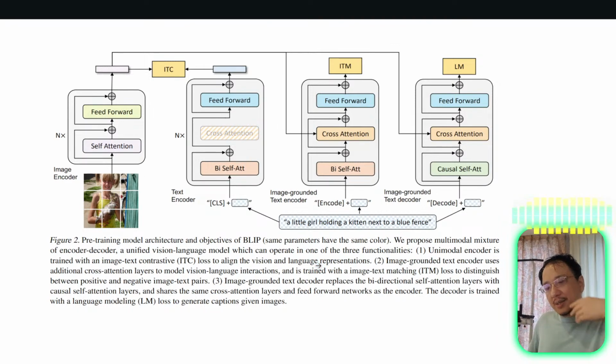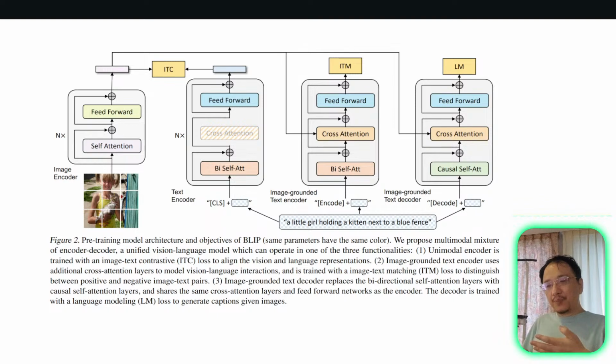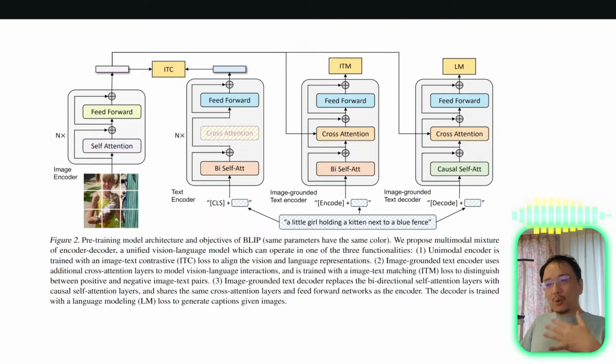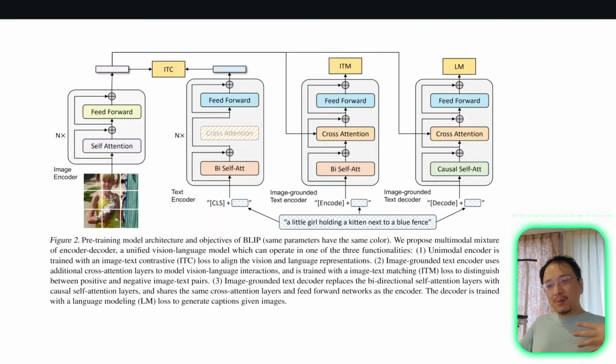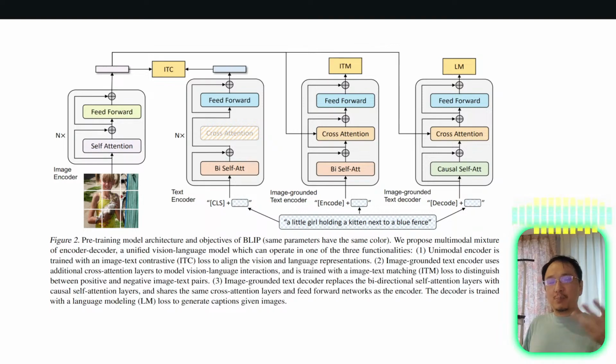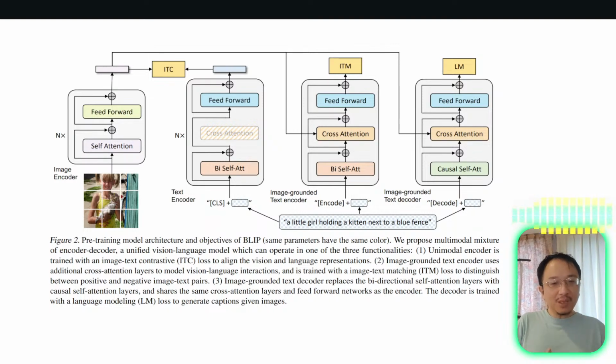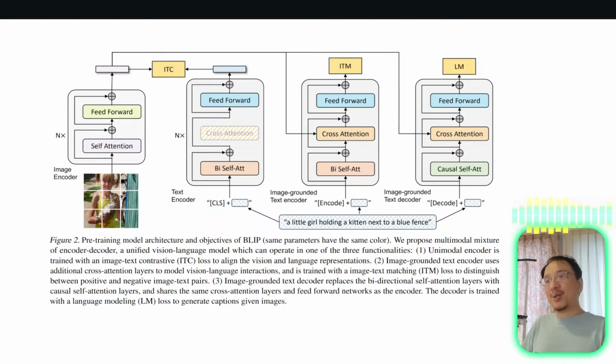One thing is that because it is multi-task, we can utilize the dataset more efficiently. Each sample will do multiple trainings with different goals, so usually it will achieve better quality models. The other thing is that because we are doing multi-task, it can actually be used for multiple tasks.